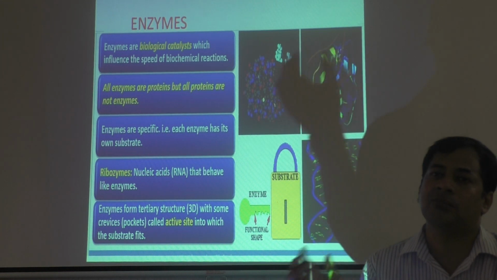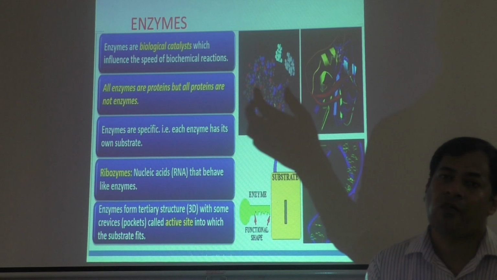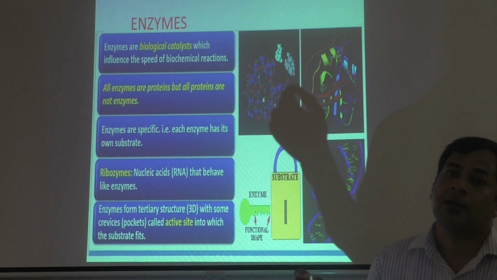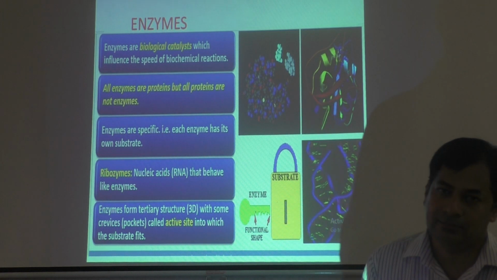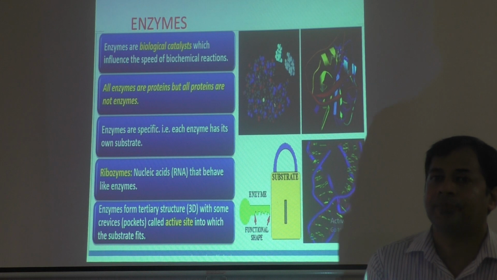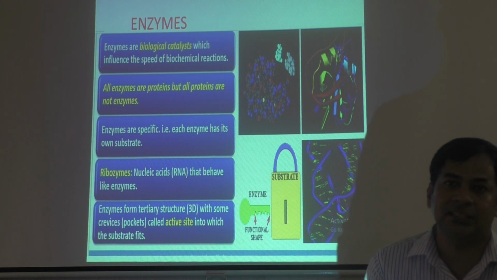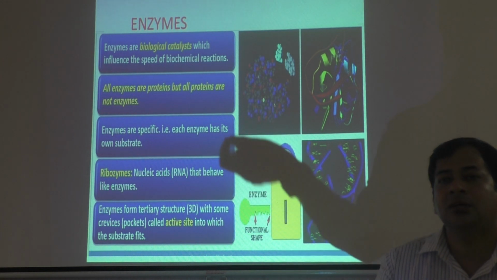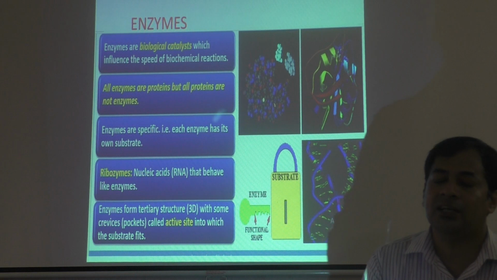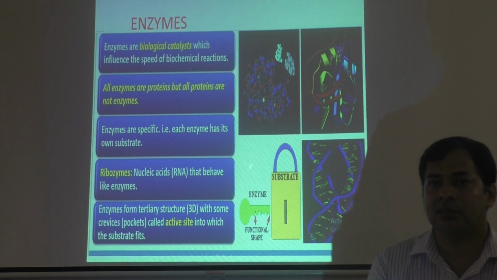If milk is converted to curd, that is because of the enzyme lactase present in the bacteria in the milk. Now you tell me, what is a substrate? Substrate is a material on which enzyme acts. That is, lactase enzyme acts on milk and converts milk to curd. So definitely the substrate should be milk.